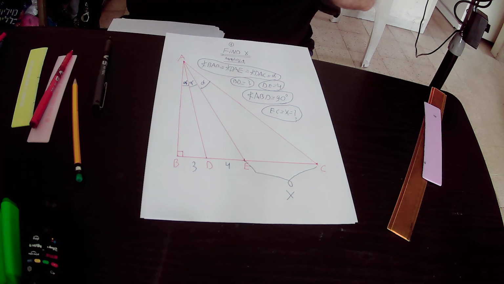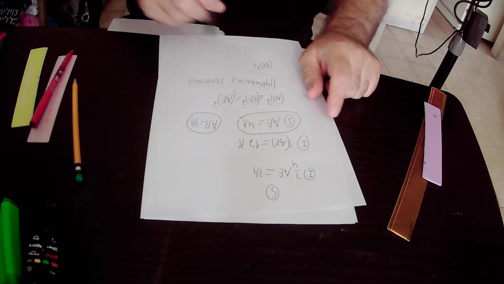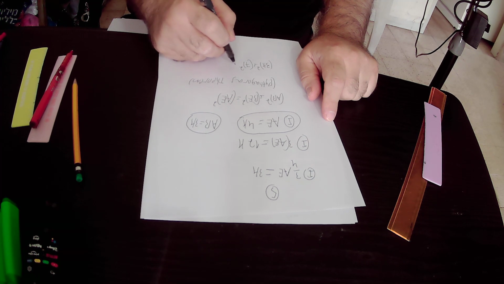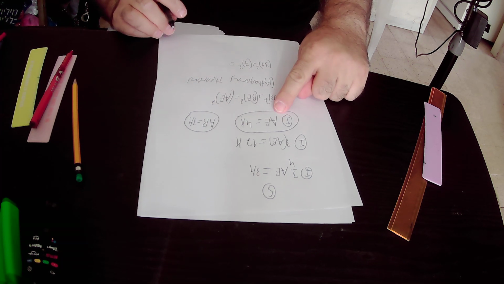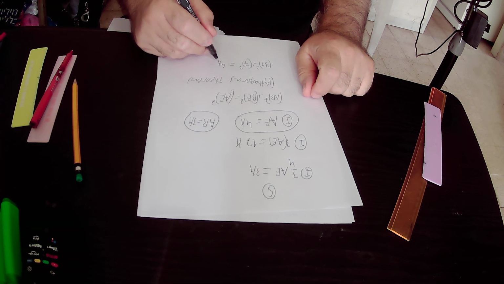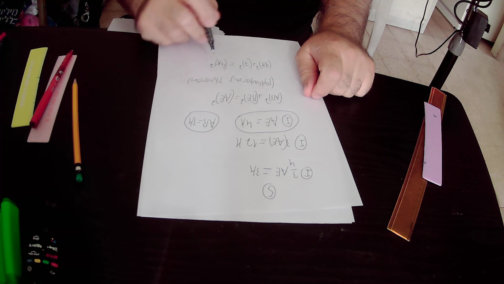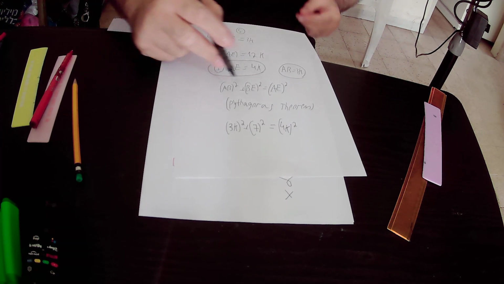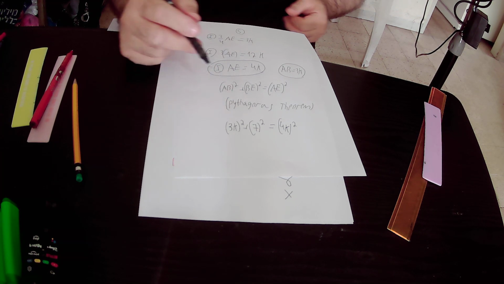So BE square is 7 square, equals AE square. What is the value of AE? AE equals 4k square. So in total we got that 3k square plus 7 square equals 4k square.